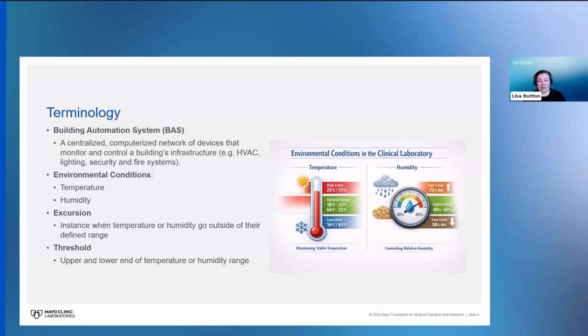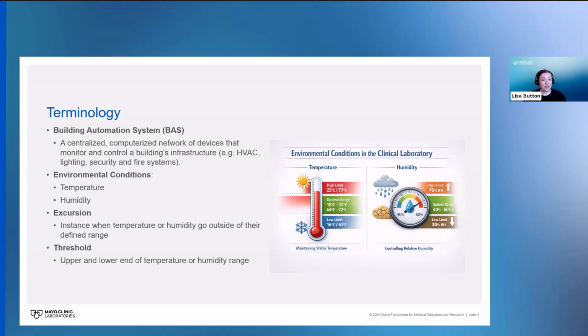You could think of this as something that's managing or controlling the HVAC system, so heating and cooling, lighting, security, and fire systems. When I talk about environmental conditions, I'm really focused on the CAP and CLIA focus for environmental conditions. So we're going to be talking about temperature and humidity today.